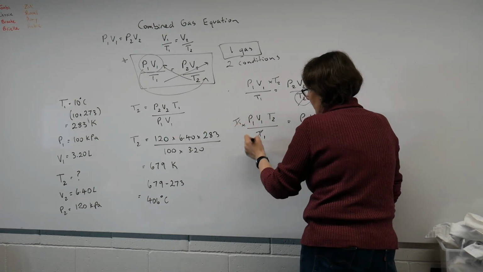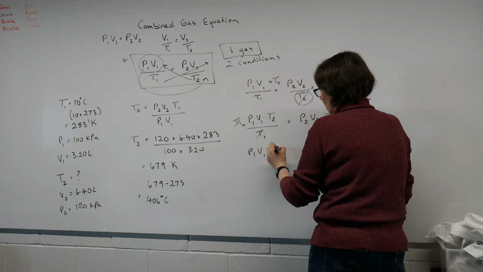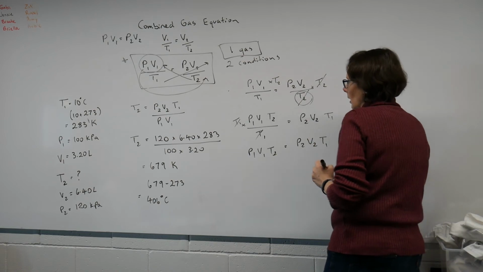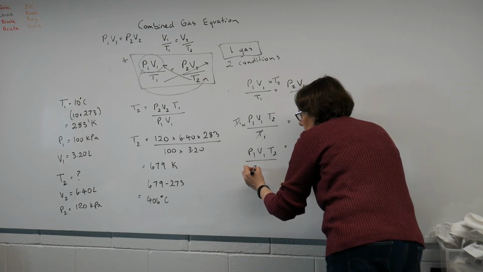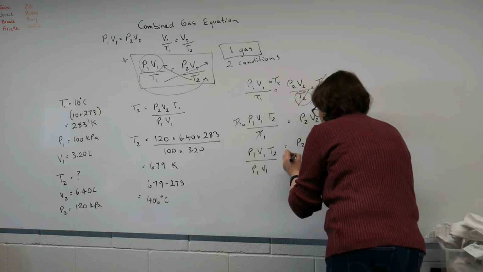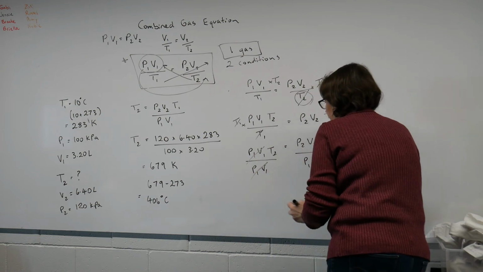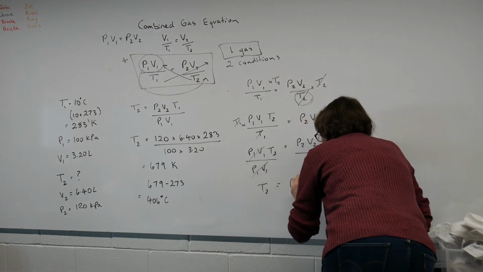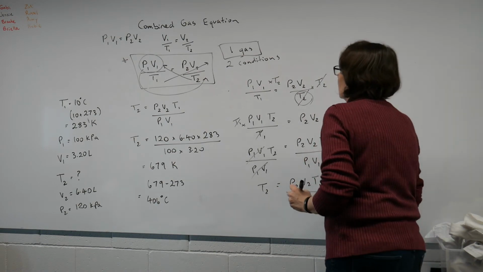They cancel out, and I've got P1 V1 T2 is equal to P2 V2 T1. And now I'm going to divide both sides by P1 V1. And then they cancel out, and I get T2 is equal to P2 V2 T1 divided by P1 V1.